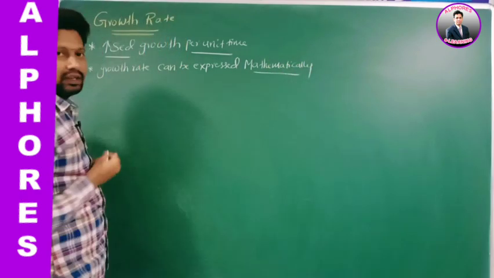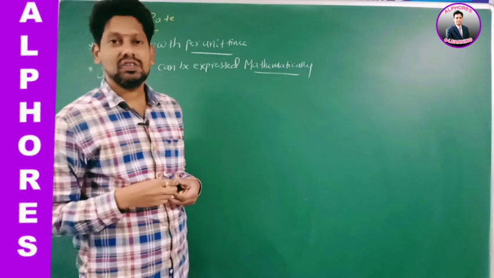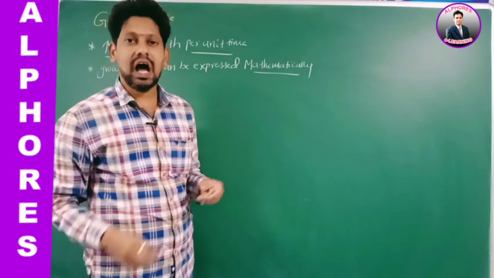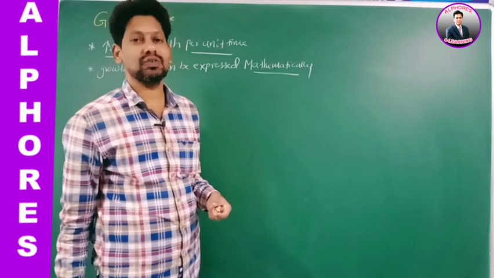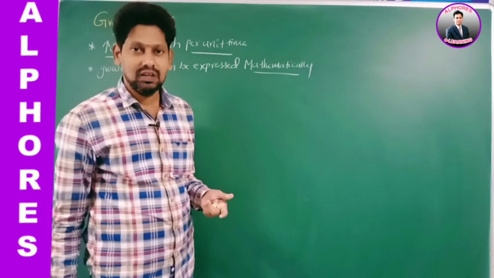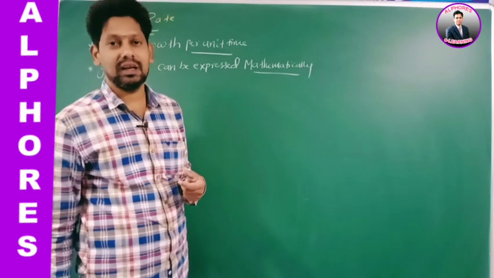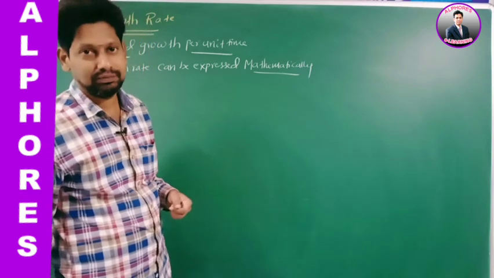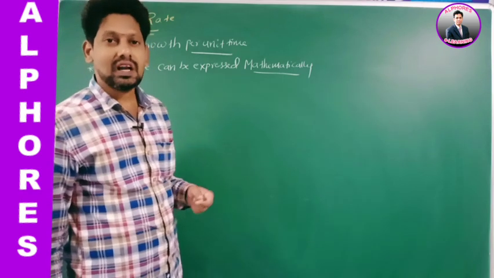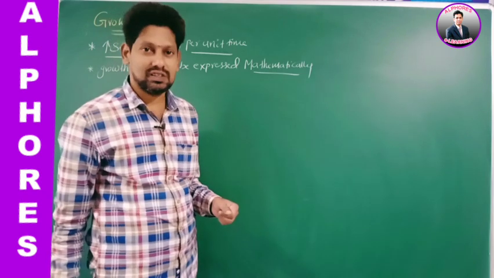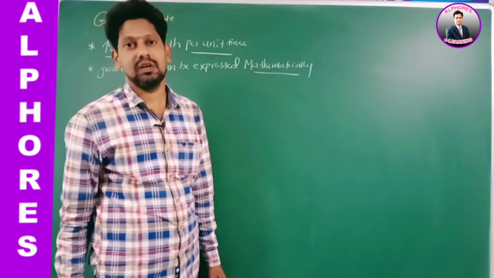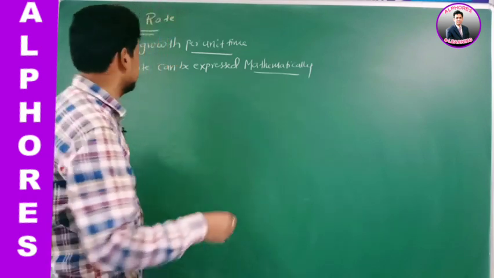Is it okay? Now listen to this statement. Take an organism. An organism or a part of an organism produces new cells. Yes or no? In our body, every day a number of new cells are formed. An organism produces new cells by a variety of ways, by different methods.